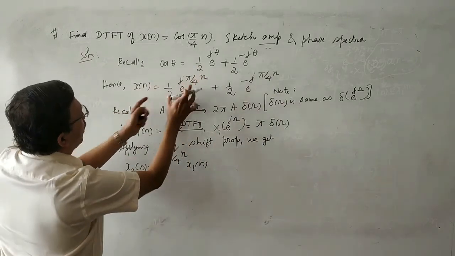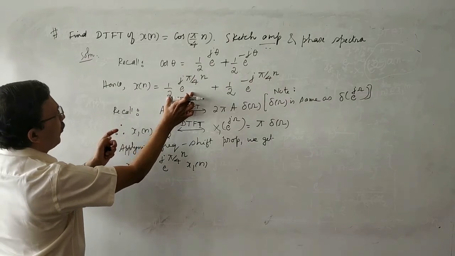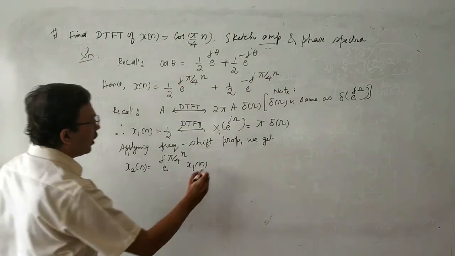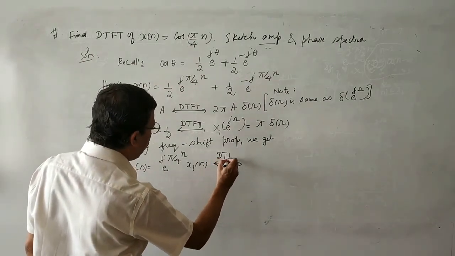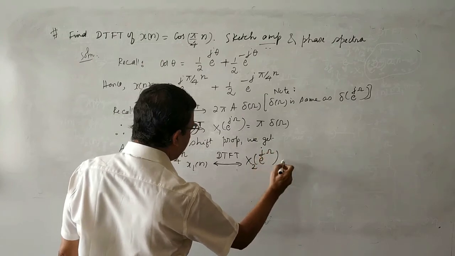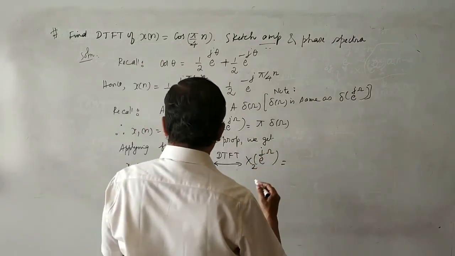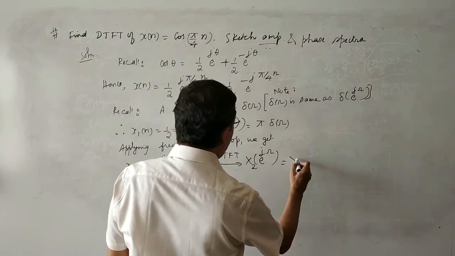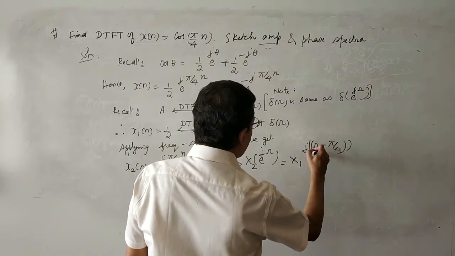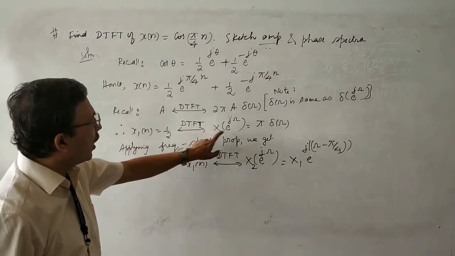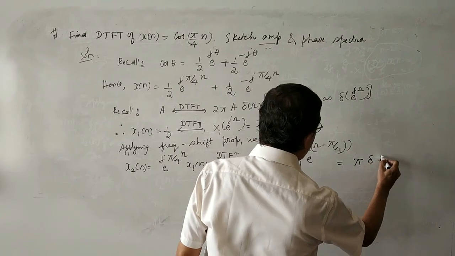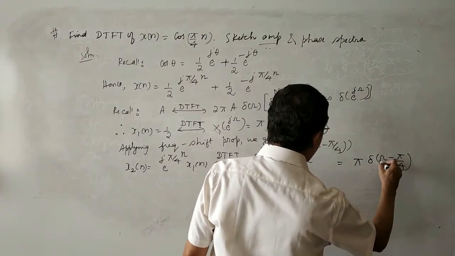This quantity I will call x2 of n. x1 of n is half, so x1 of n into e to the power j pi by 4 into n will have a discrete time Fourier transform x2 of e power j omega equals x1 of e to the power j omega minus pi by 4. That means in x1 of e power j omega, omega gets replaced by omega minus pi by 4. That gives you pi into delta of omega minus pi by 4.